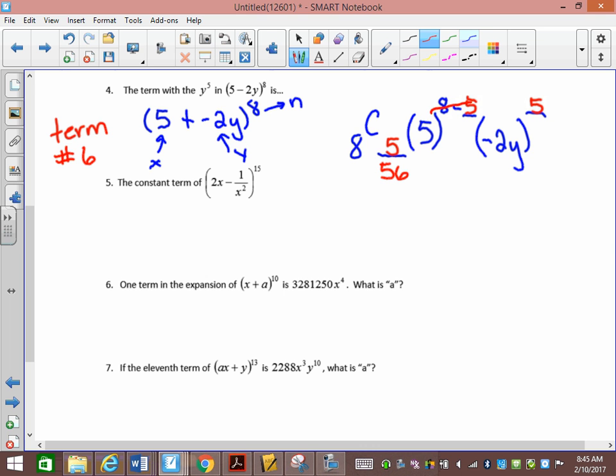And then this is 5 cubed, which is 125. And then this is negative 2 to the 5, y to the 5. Negative 2 has to go in brackets if you're going to punch into your calculator to the 5. And negative 2 to the 5, I think, is negative 32. So what is this? 56 times 125 times negative 32?